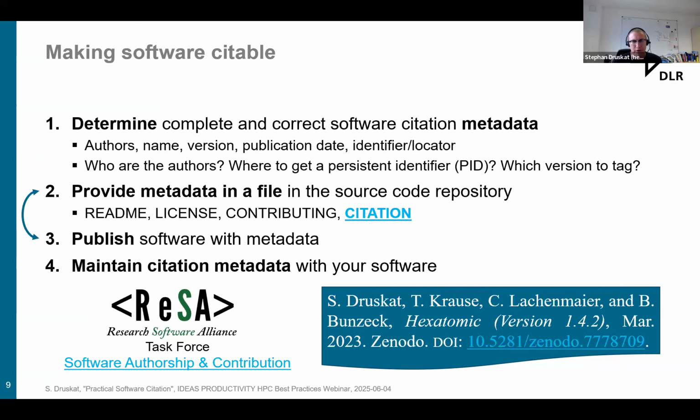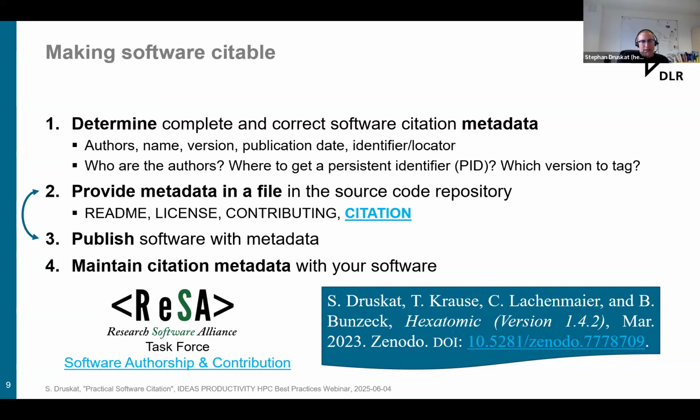I think the main point at this point in time, before we have these actual guidelines, is if you have a software project, think about how you want to define and how you want to award authorship, and find a way to document this authorship policy. This could be a file in your repository, for example, so that people can understand what it takes to become an author of the software.